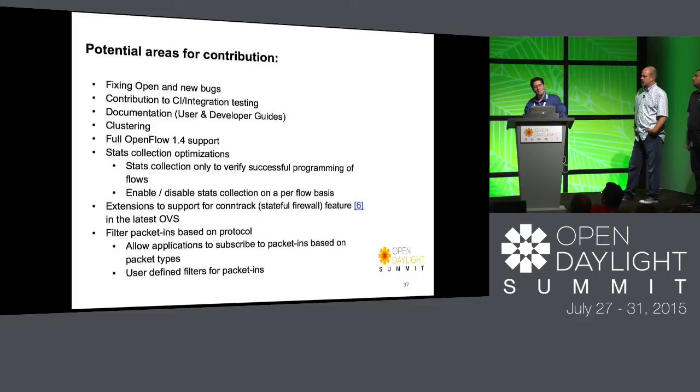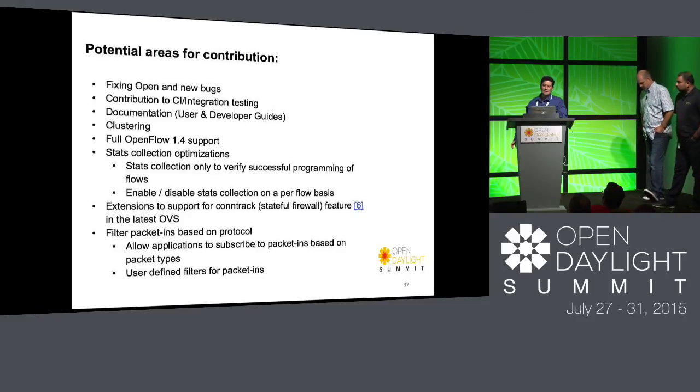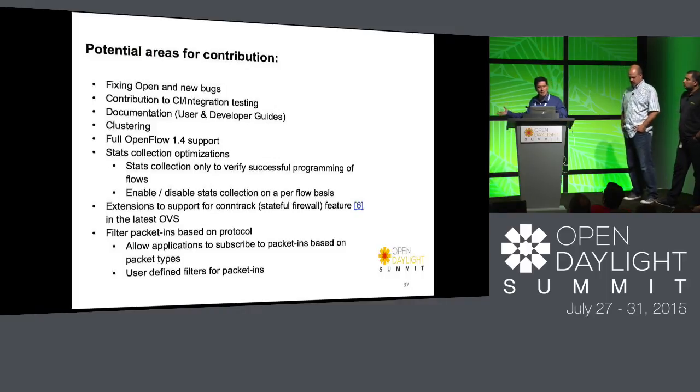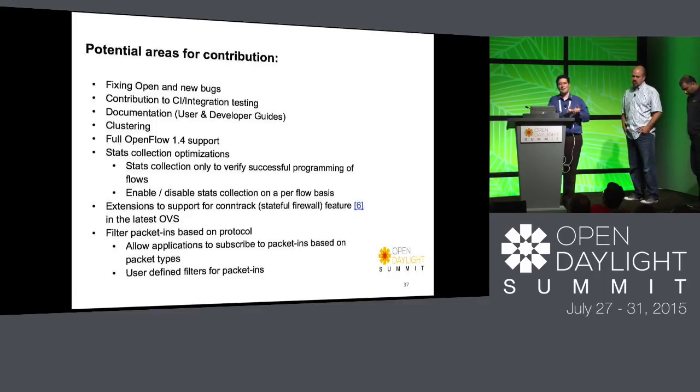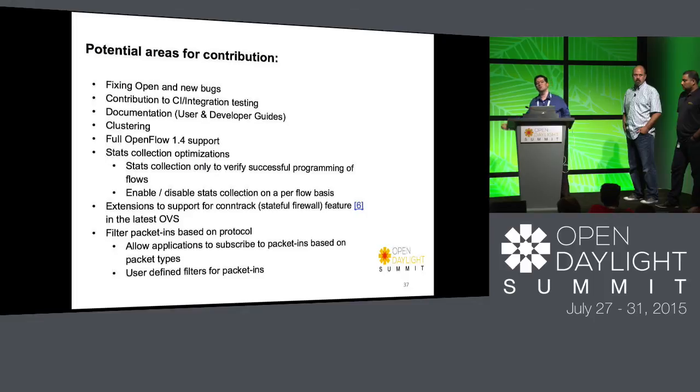And one of the last things that we want to have, which people have been asking for, is the ability to filter packet-ins based on a protocol, so that it will allow applications to subscribe for the packet-ins of a particular protocol type, and also create some kind of user-defined filters to do so.